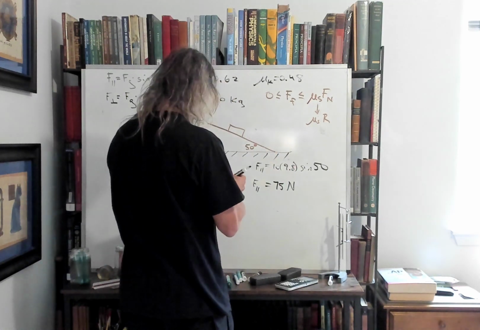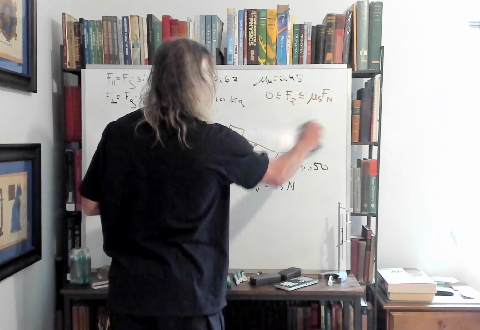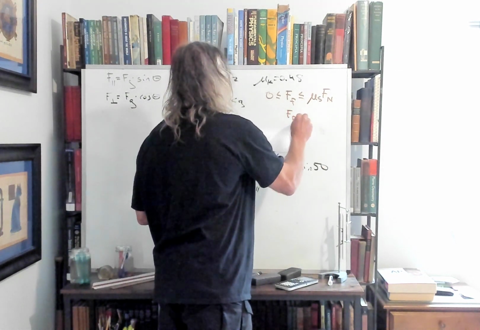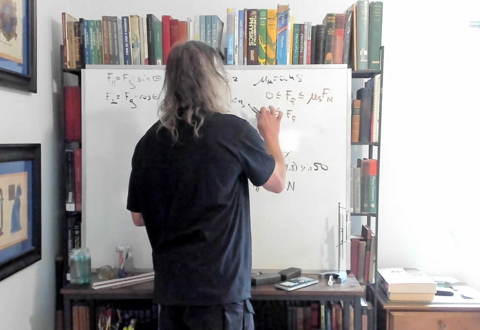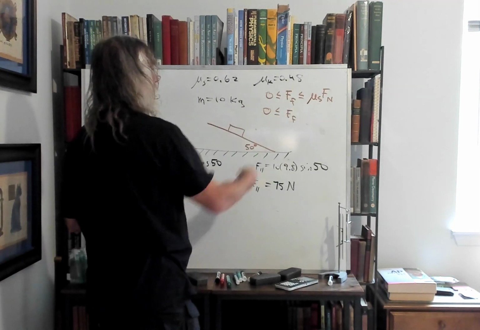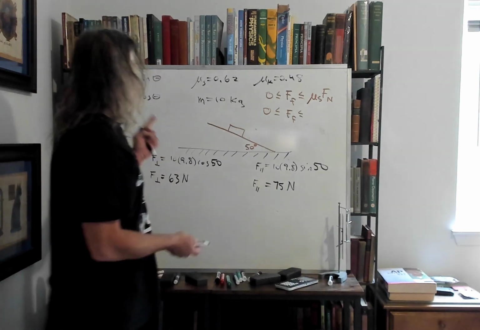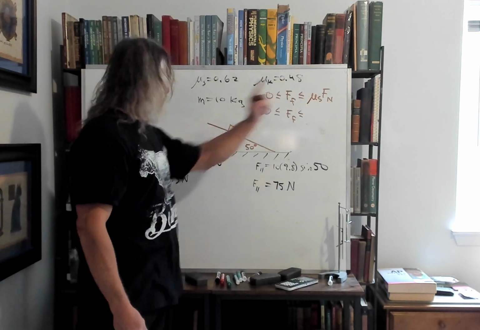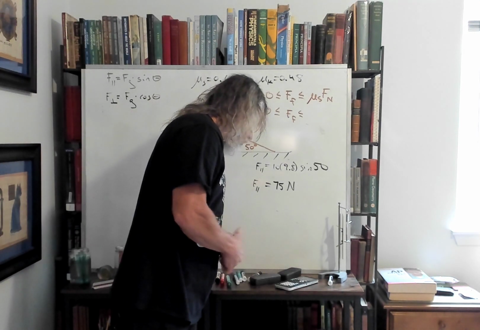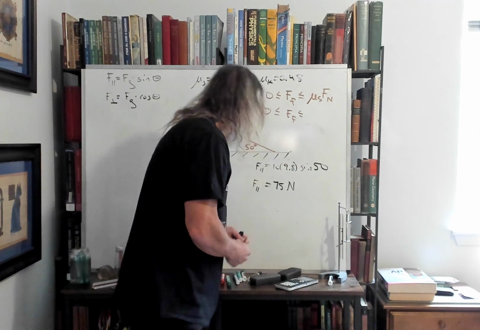Static friction. If you need to write F sub S or something, I know we're dealing with static friction, but if you need to, make sure you label it clearly. So we do 0.62 times this, because that's what the normal force is equal to, and we get about 39.